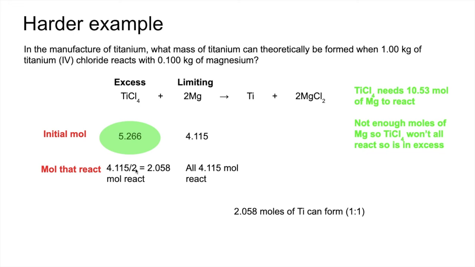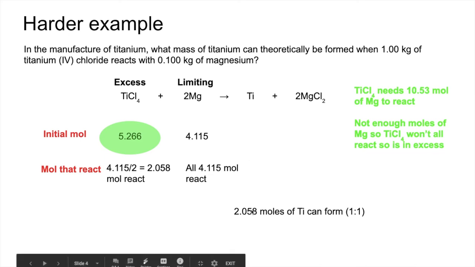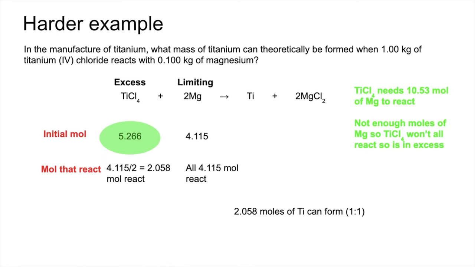I'm using this ratio here, that's a nice 1-to-1 ratio. You could have done it on the 2-to-1, so 4.115, half that, you're still going to get that number there. So that many moles of titanium can form, and let's turn that into grams by multiplying by the MR of titanium. So the answer was 98.6 grams.